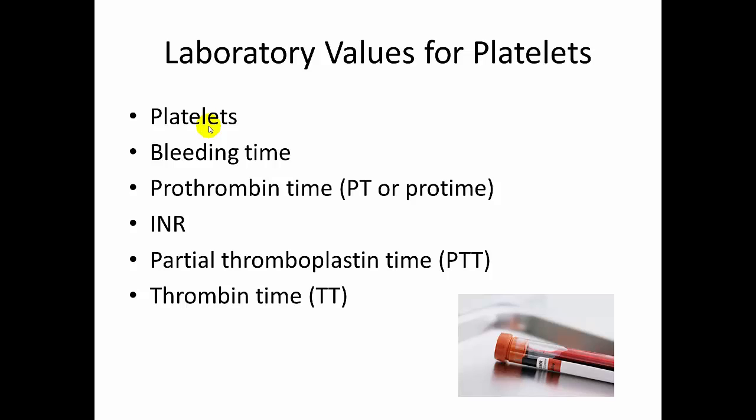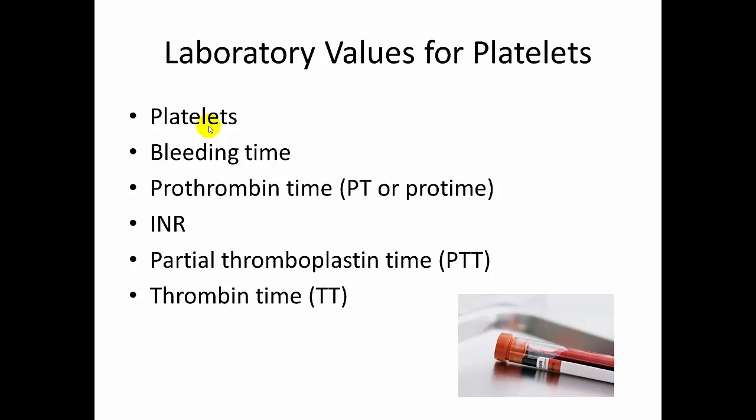Prothrombin time, which is your PT or pro time, is again checking for the external or extrinsic clotting factors. And we also use it as a means of measuring when a patient is on Coumadin or anticoagulant therapy.